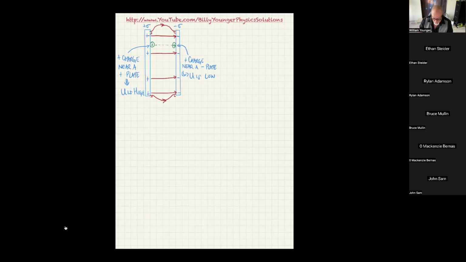Now, if we take into account the fact that V is equal to U over Q that we're dealing with, then we see the high potential energy corresponds to high electric potential.